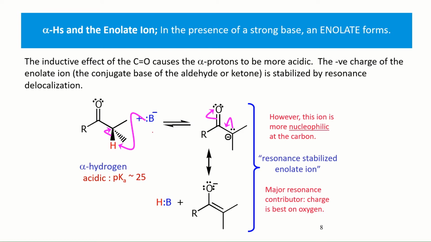The first resonance structure shows the nucleophilic nature at that carbon, even though the second resonance structure has the negative charge on the oxygen, which really is the major resonance contributor because the charge is best suited to the more electronegative species.